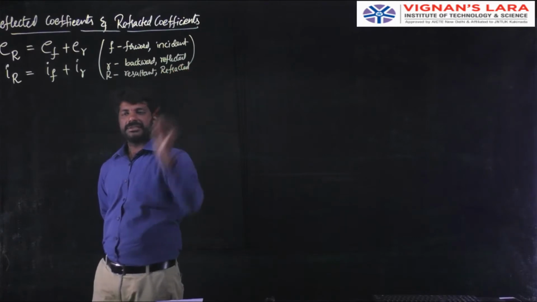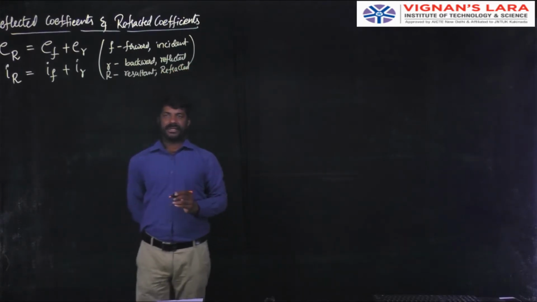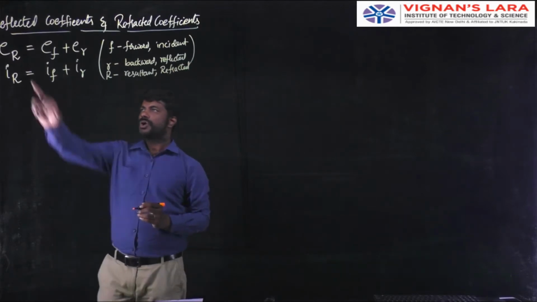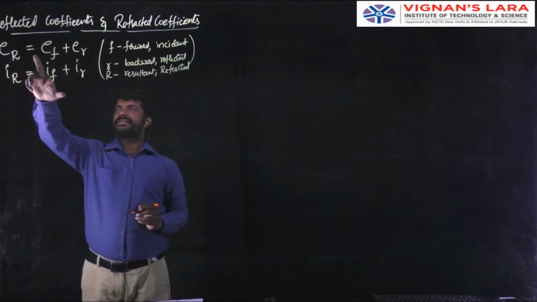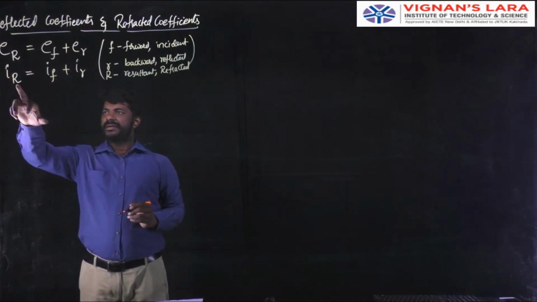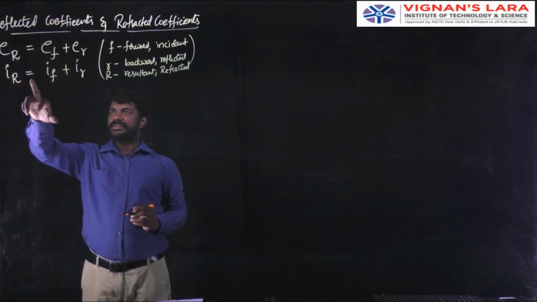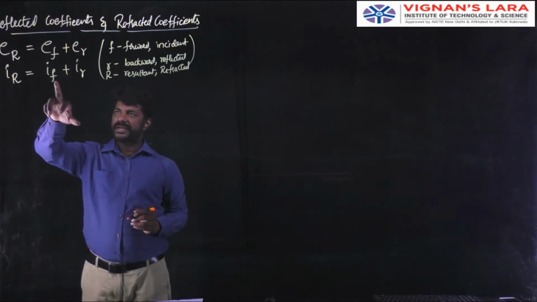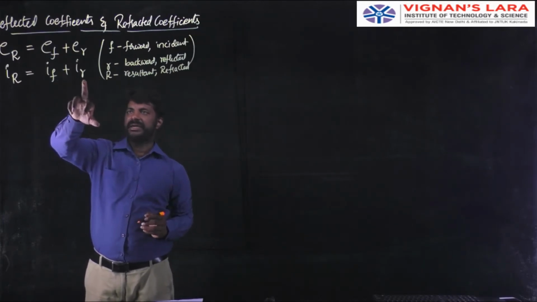These are the three letters we are going to use in our notations. So E capital R, the resultant, is equal to the summation of forward and reflected, and I resultant is equal to the summation of incident current and reflected current.